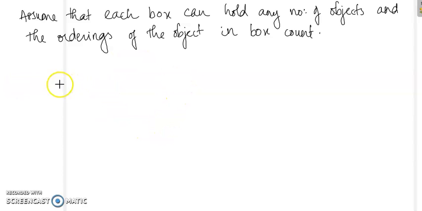So here each box can hold any number of objects and the orderings of the objects in the box count. So when you change the order, that gives a different arrangement here.